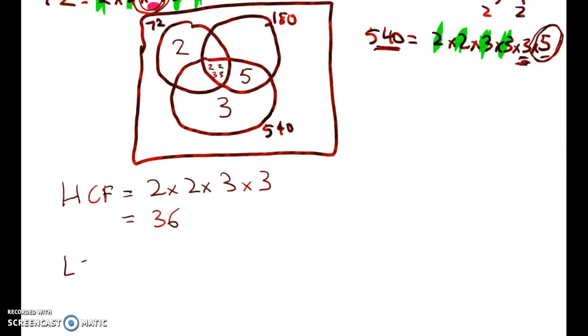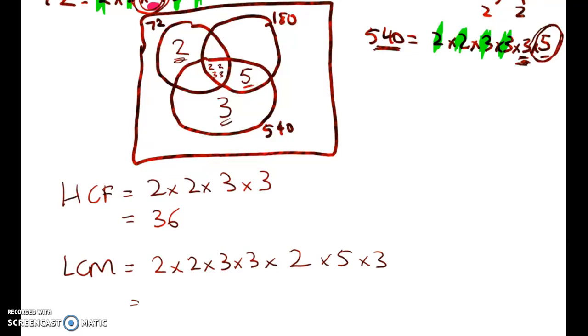Now, what about the LCM? Well, the LCM is going to be all of them times together. So it's going to be the intersection, 2 times 2 times 3 times 3, times 2 for this one here, times 5 times 3.